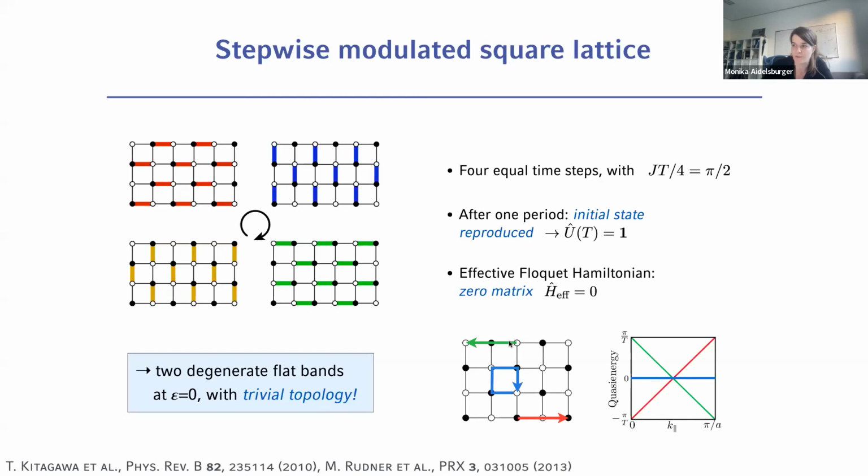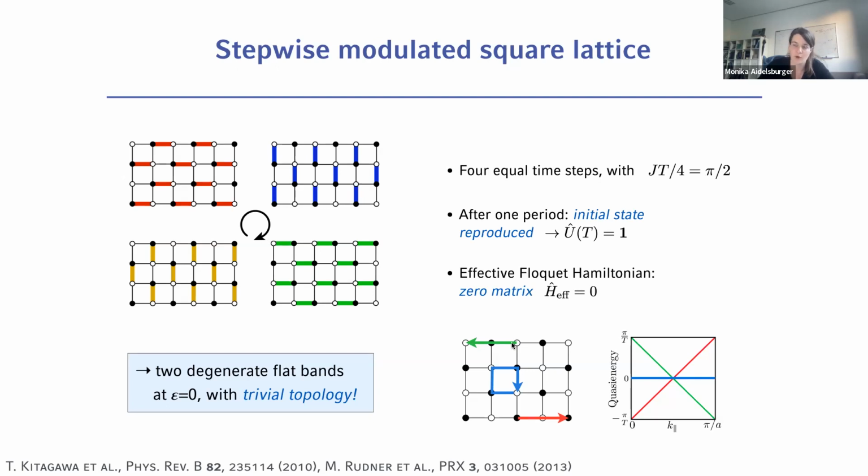So if you prepare a wave packet at the edge, at the boundary of the system, it actually shows chiral motion. So it can only travel in one direction. And I just want to highlight 2 things. First of all, keep in mind that this time-averaged Floquet Hamiltonian is not enough to describe the system. And by playing this game of seeing what happens at the edge, you also immediately see that the information about the chirality of the edge mode is encoded in the driving protocol.